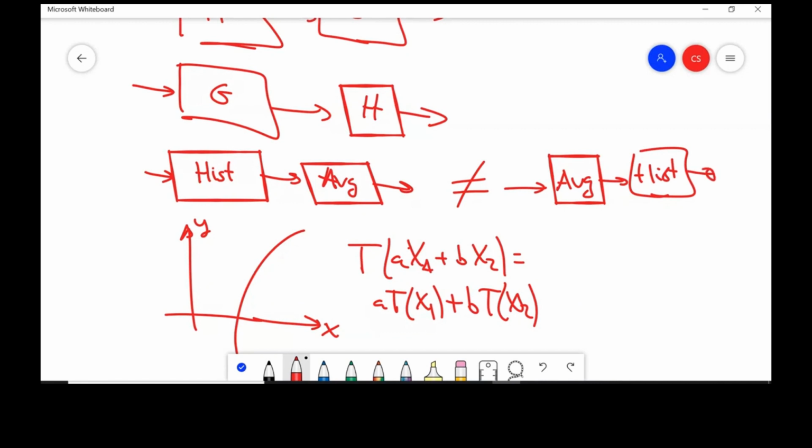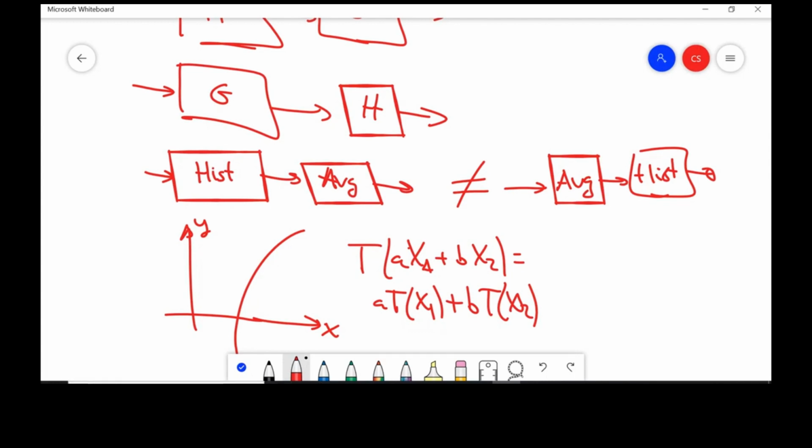So at least one of the two systems has to be nonlinear. Which one is it? There must be one of them that doesn't fulfill this. The histogram, so counting, is a non-linear operation.